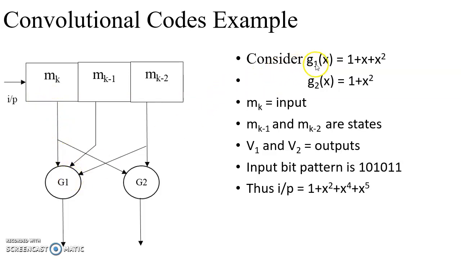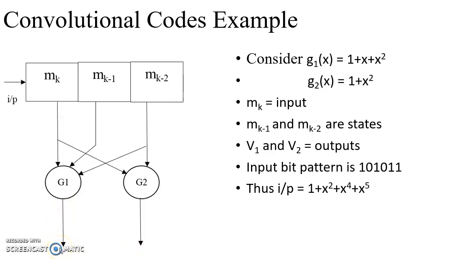Here it is given that g1 of x is equal to 1 plus x square. So from this we can write g1 as 1 plus x square. And g2 of x is also 1 plus x square, so it is Mk added with Mk-2. The outputs are v1 and v2.